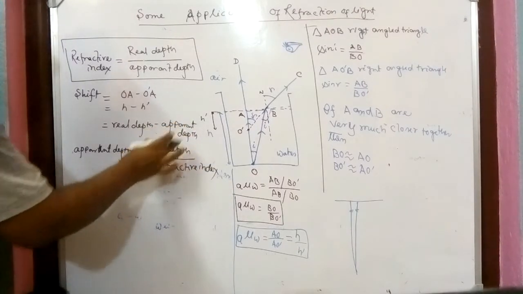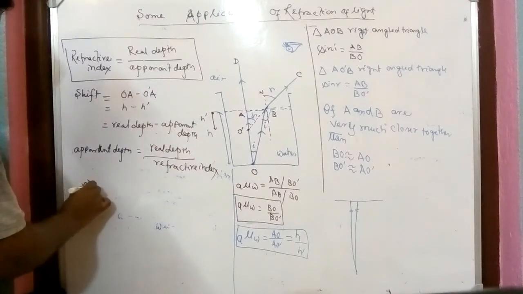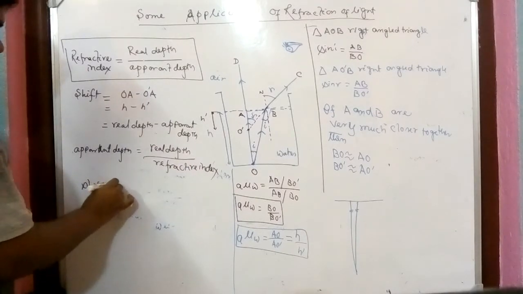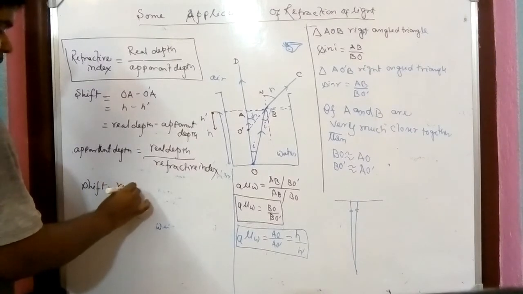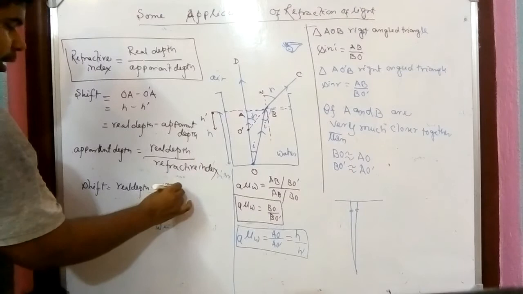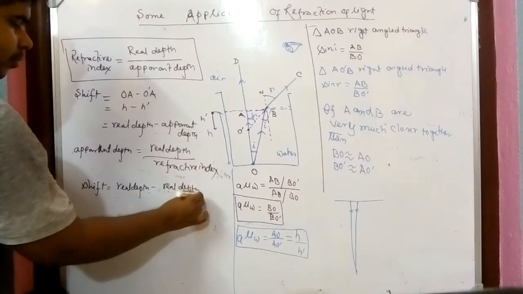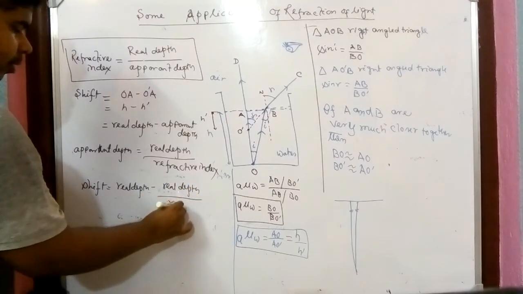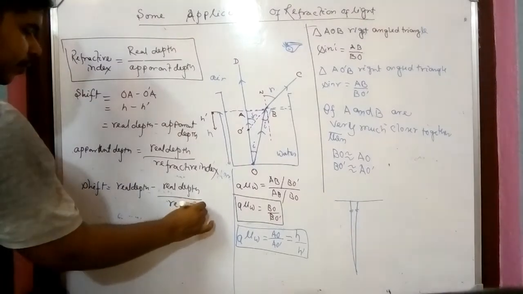So if I put the value here, that means shift is equal to real depth minus real depth by refractive index.